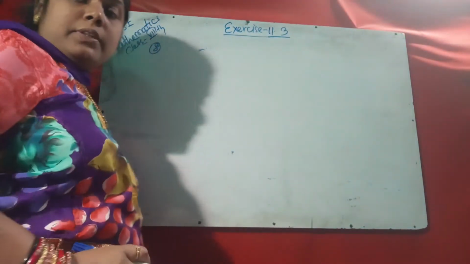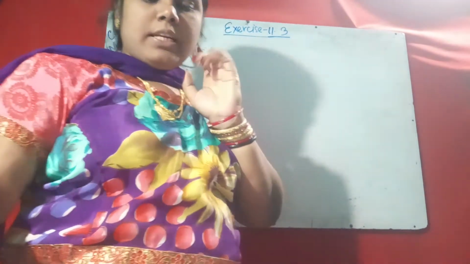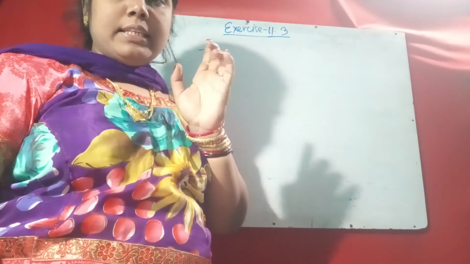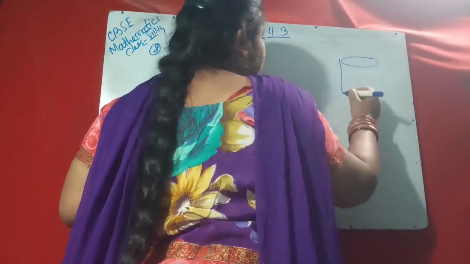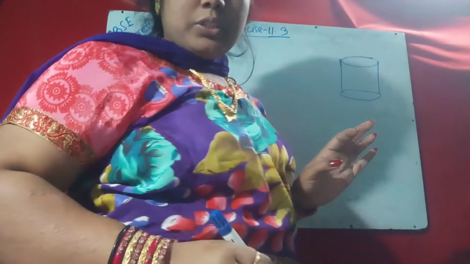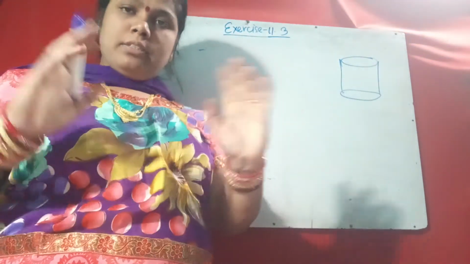Now question number 8. The lateral surface area of a hollow cylinder is 4224 centimeter square. It is cut along the height and forms a rectangular sheet of width 33 centimeter. So it is a hollow cylinder, and the lateral surface area is given, not top and base, only the side.